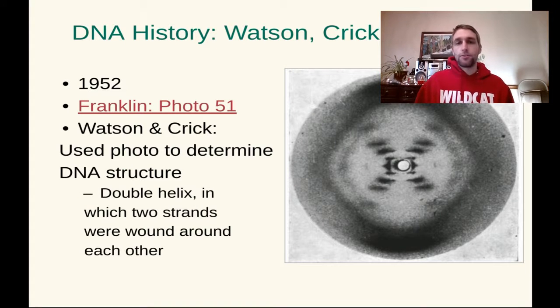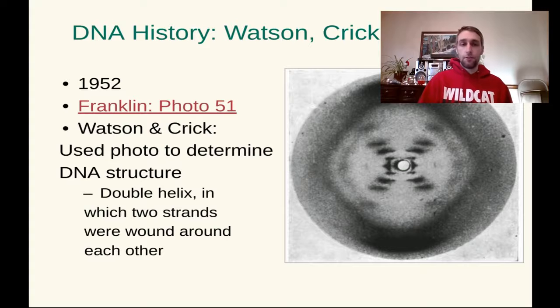Last stop on our history tour is Rosalind Franklin. So this will touch on ideas that we saw in the Rosalind Franklin video from last week, which you definitely can rewatch. There's another video linked here if you want to learn more about Rosalind Franklin. But the long story short is Watson and Crick received the Nobel Prize, and they got the credit for discovering the structure of DNA. But Rosalind Franklin actually did a lot of the work.